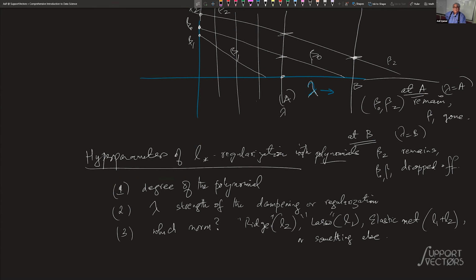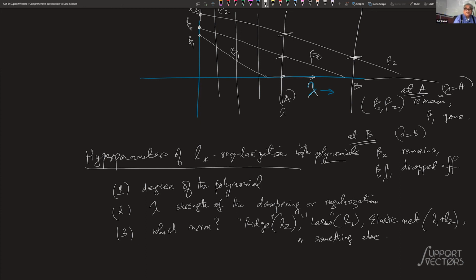So Asif, one question: does the parameter, beta naught or beta 1, go away at a specific value of lambda or greater than or equal to a specific value? That is right. Once it has flattened out, it will remain flattened out. For example, once it has hit 0, it will remain 0 for all values greater than that.